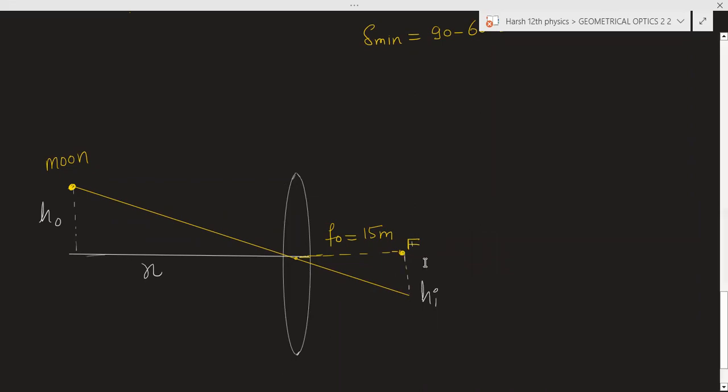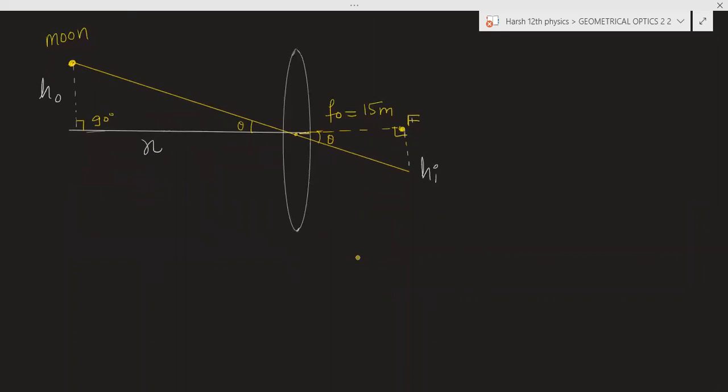Congruent is also similar, but in similar triangles, the ratio of the corresponding sides is equal. If this angle is 90 degrees, then for this triangle, this angle is 90. If this angle is theta, this angle will also be theta because they are vertically opposite angles. Now the third angle will automatically be equal to the third angle of this. So that is why this triangle and this triangle will be similar.